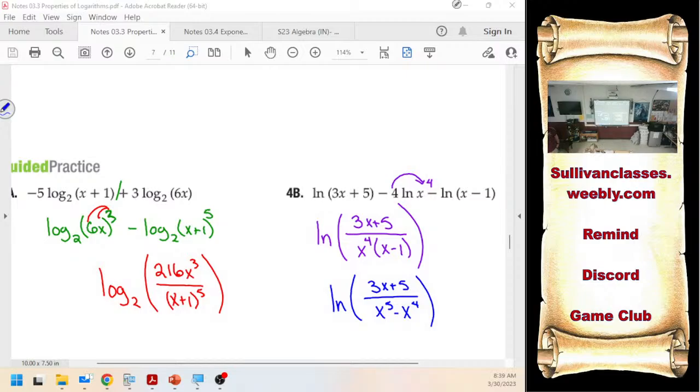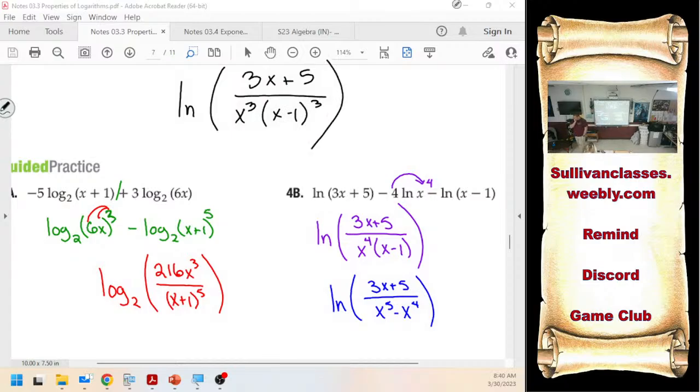But if that was x minus 1 to the 3rd, then I can't, because there's 3 of them there. You would be multiplying 3 times, and that's not fair. Oh, interesting possibility. What if I had ln of 3x plus 5 over x to the 3rd by x minus 1? What if I had that? Can I distribute?